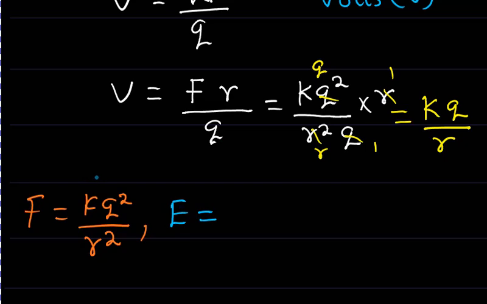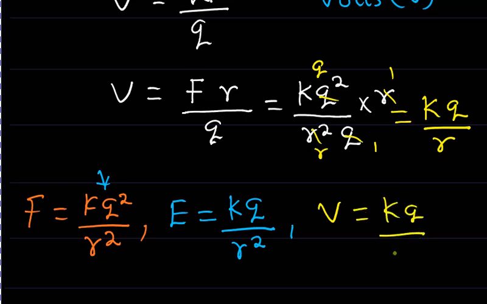A slight change took place: here I have KQ, not squared again, divided by R squared. Then electric potential: V is equal to KQ divided by R.